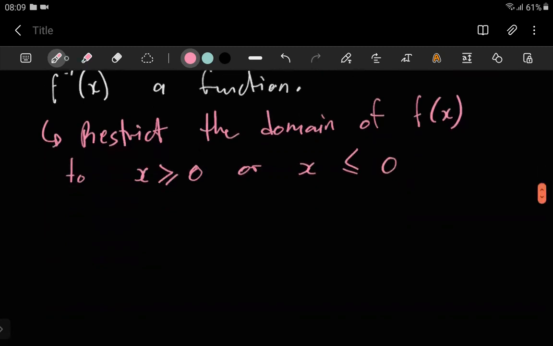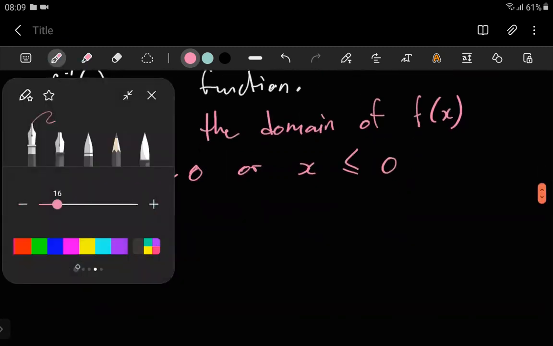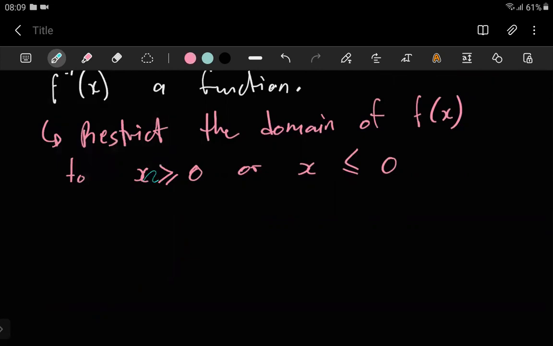What that means is, let's use the first option here. Let's underline it in blue. If you restrict the domain of the original graph to this, what that means is, in your image, this is your original graph. It looks like this. Now, what you know is that this is positive x values, these are negative x values.